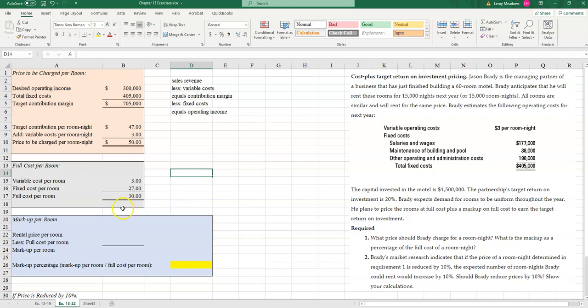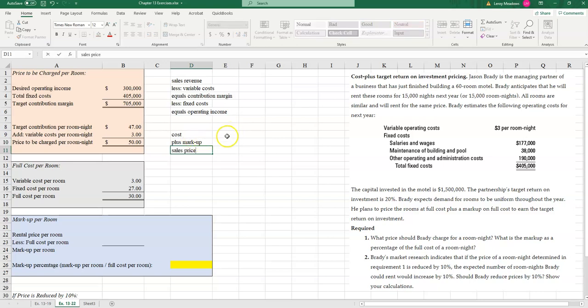So now I have to figure out my markup per room. So remember, in cost-based pricing, we take our cost plus the markup equals what? Our sales price.